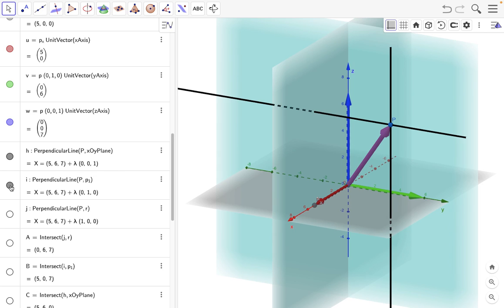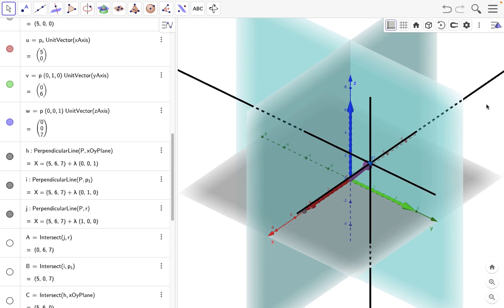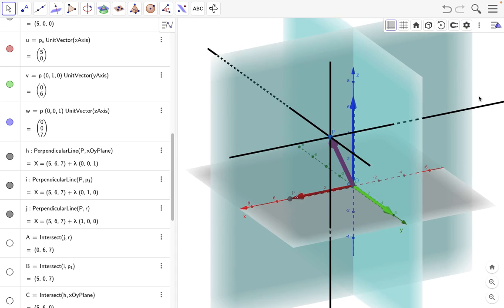Next, you see from P on the y plane, this is the y plane. So it is from P on the y plane and this is from P on the x plane. Now we have drawn perpendiculars from the vector tip to the planes.